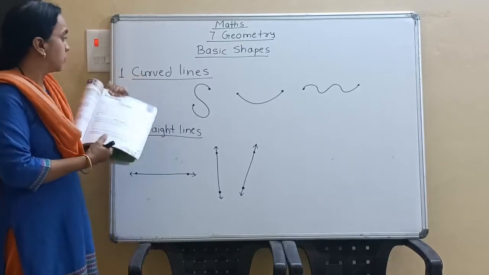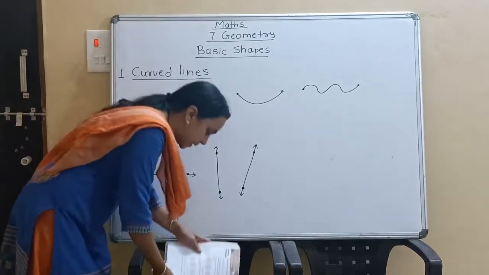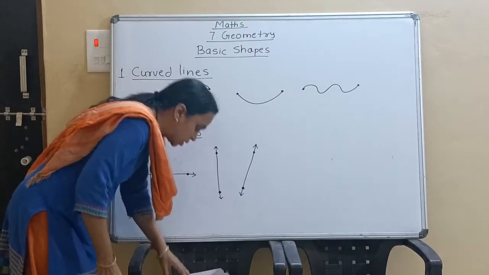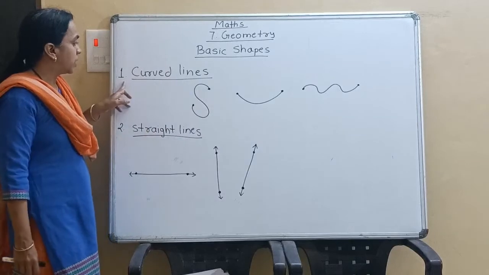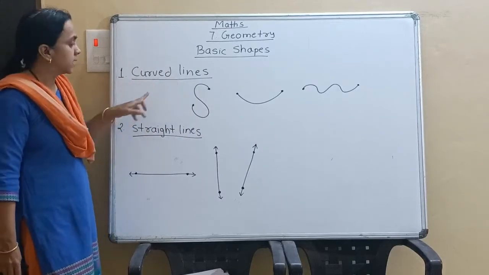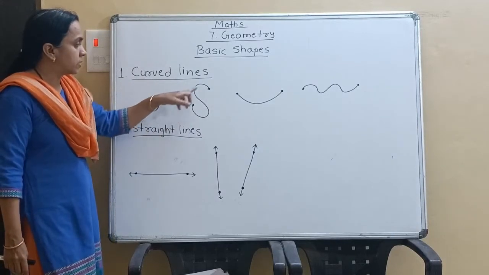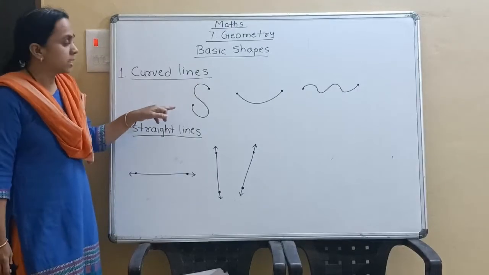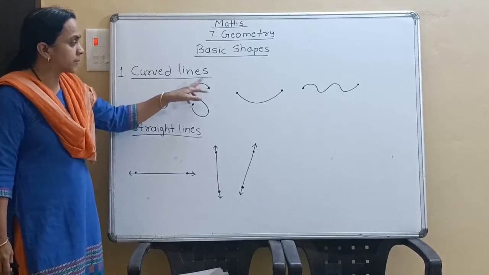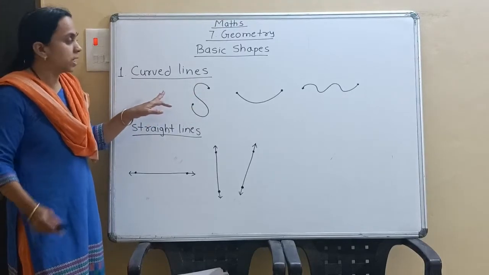Then we will see the basic shapes of geometry. What are the basic shapes of geometry? First one is curved lines. Curved lines we can draw with our hands only, that is freehand drawing.